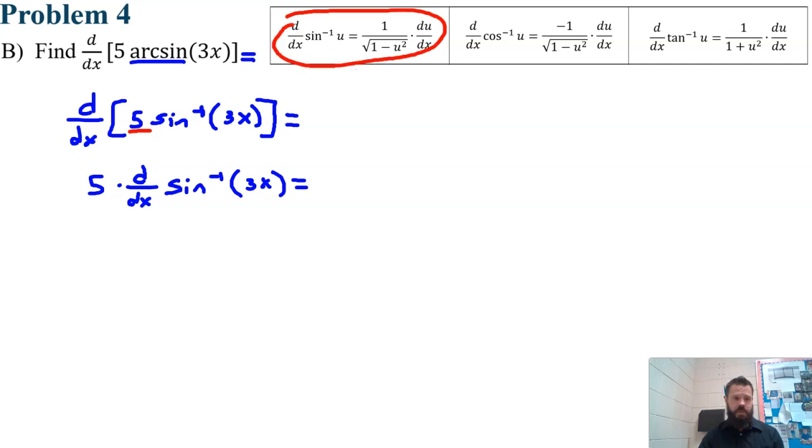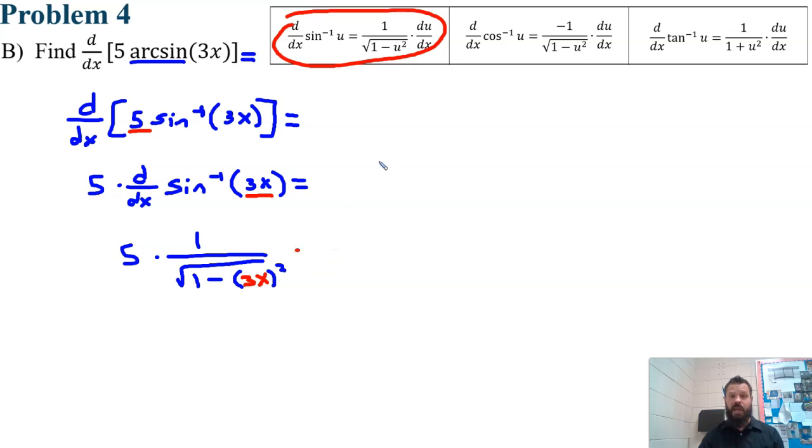So our derivative then is going to be the 5 times 1 over square root of 1 minus the u squared. And in this case, our u, our inner function, is just the 3x.